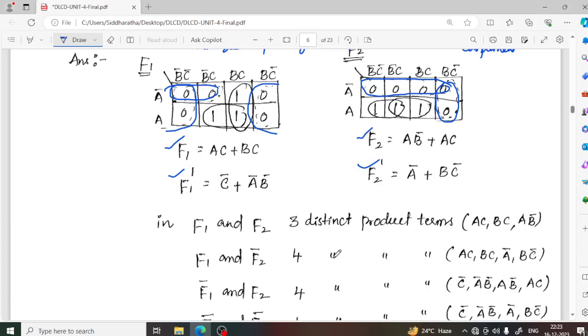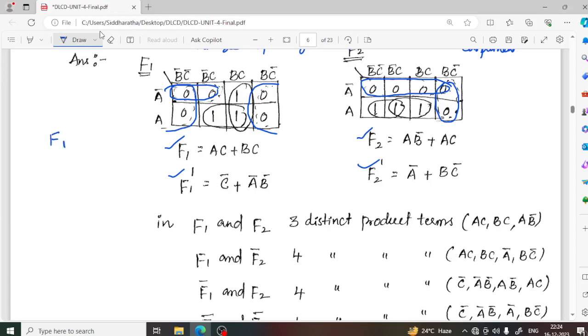For design we may consider F1 and F2 both in true form, or F1 in true form and F2 in complement form, or F1 in complement form and F2 in true form, or F1 and F2 both in complement form, right? So how many choices are possible to design the logic?